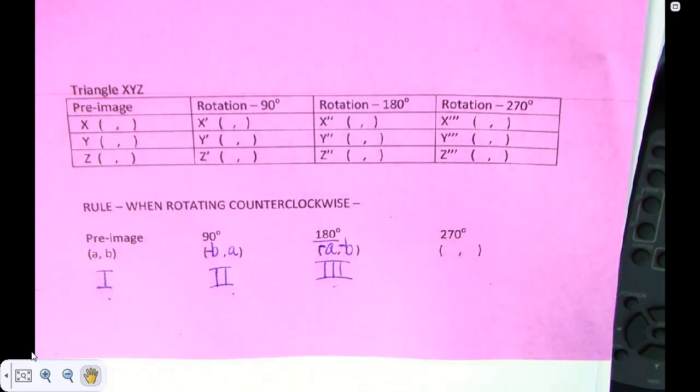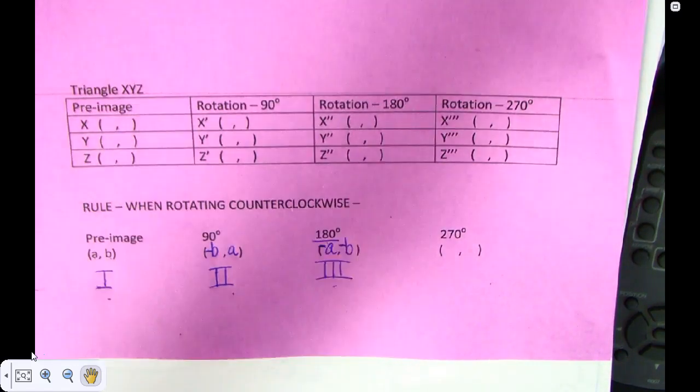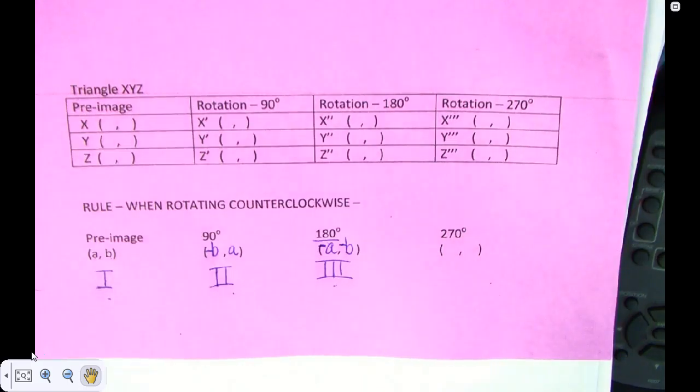I'm in quadrant 3. And that's one thing you do. When you make a 180-degree turn, you leave the numbers alone and swap the signs. Positive to negative, or if they're negative, you go to positive. But look at the quadrant you're in, and then you know for sure what signs they're going to have.